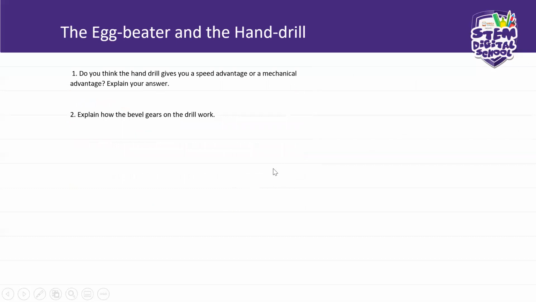So we have the egg beater and the hand drill. Remember the egg beater and the hand drill that I showed you yesterday? Do you think the hand drill gives you a speed advantage or a mechanical advantage? Explain your answer. It gives you a speed advantage. Okay.